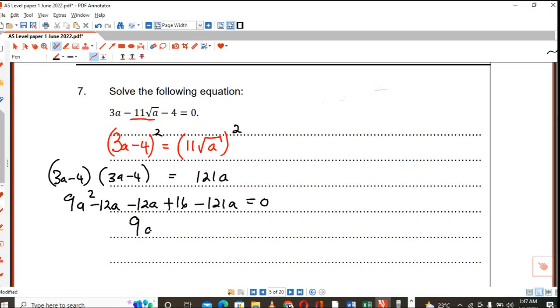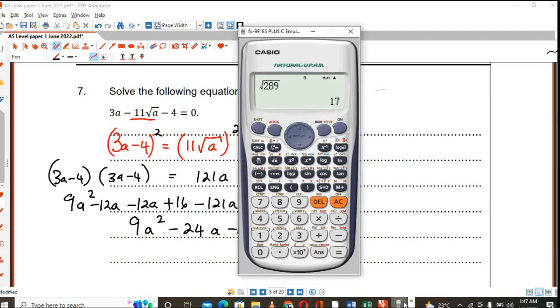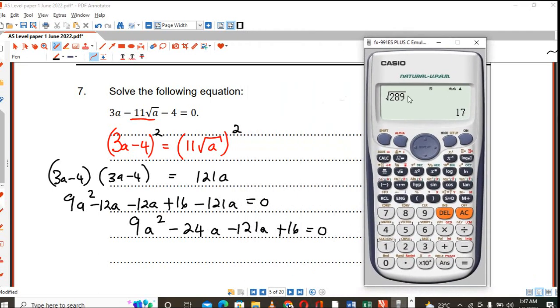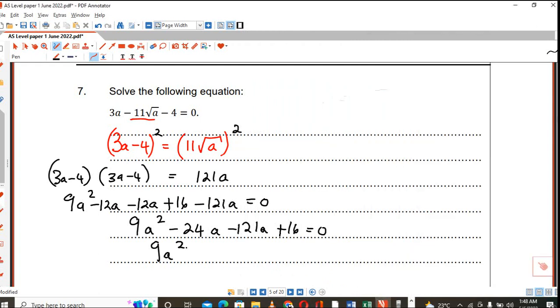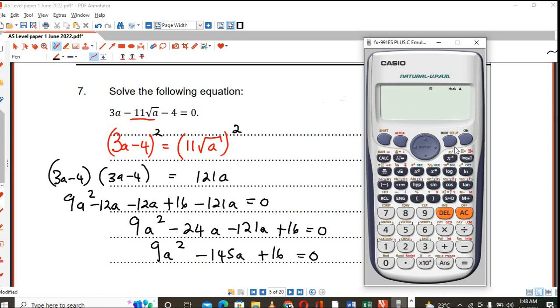So eventually I have 9a squared minus 24a minus 121a plus 16 equals to 0. Okay, so just to clean it up, I have got negative 24 minus 121. Okay, that is 145. So eventually it's 9a squared minus 145a plus 16 equals to 0. Well, you can go ahead and solve this equation, right?